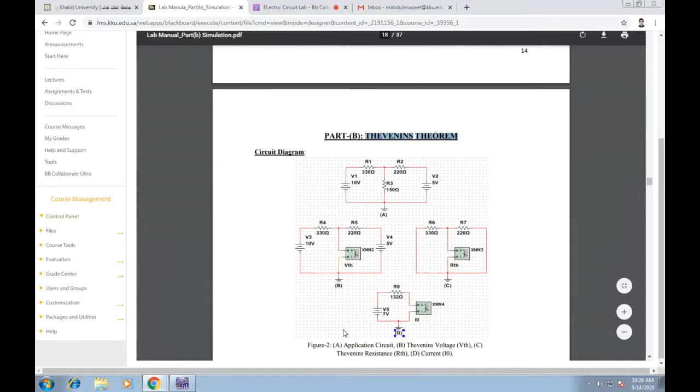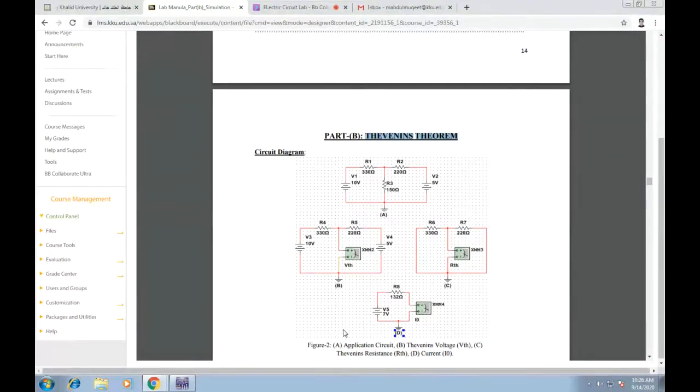Okay, so in Thevenin's theorem, what does Thevenin's theorem state? It states that any circuit can be represented in a simplified circuit consisting of V Thevenin and R Thevenin and load resistor in series with each other.